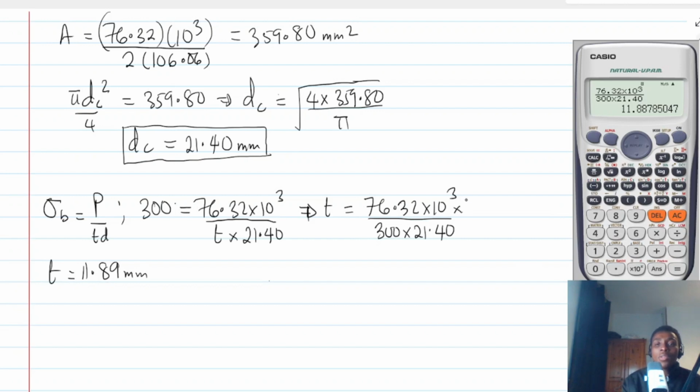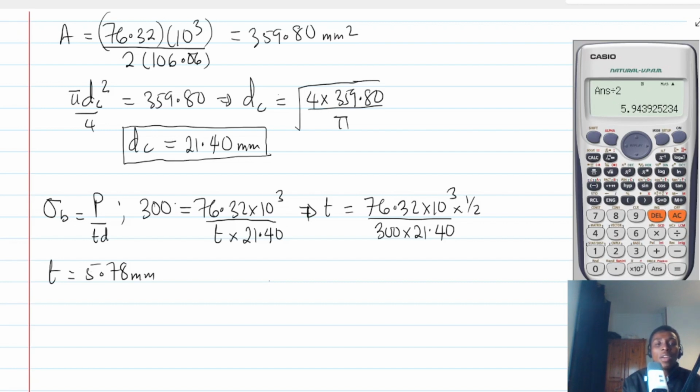Sorry, you're supposed to multiply here by half. Okay, if we do that, our thickness will be 5.78. So how was it 5.78? Just divide by 2. There you are.